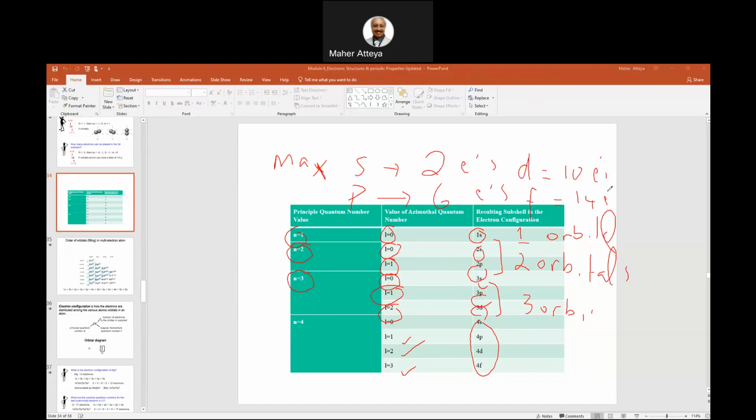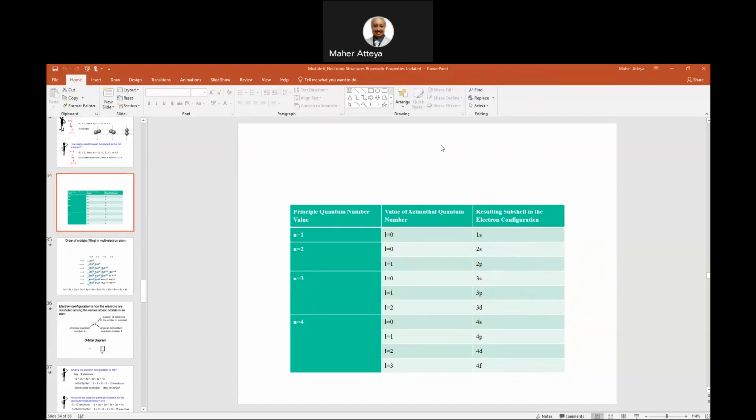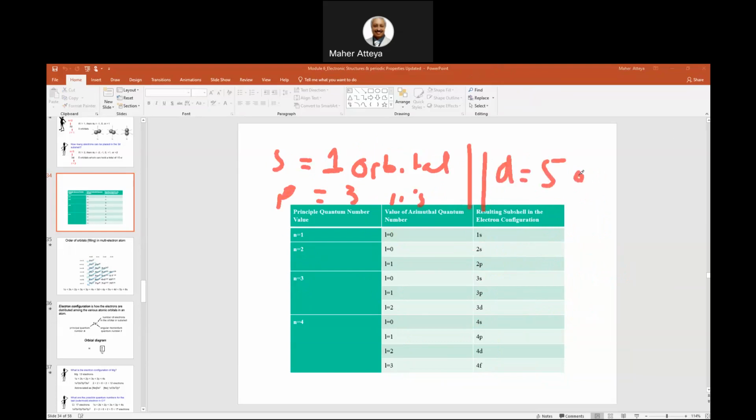S is one orbital. P has 3 orbitals. D has 5 orbitals.